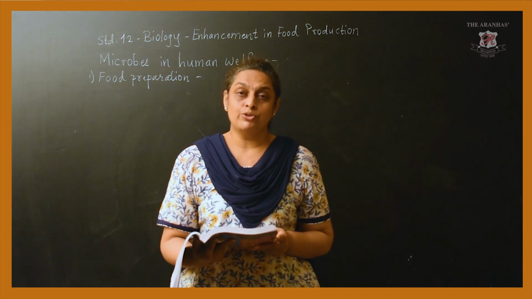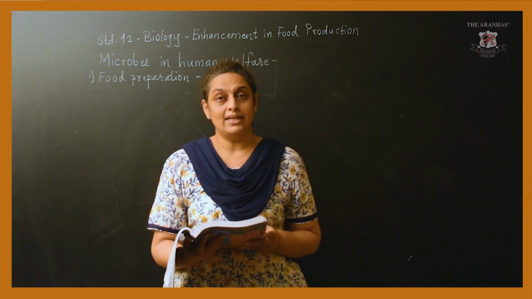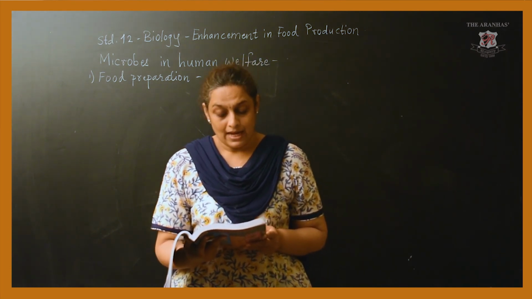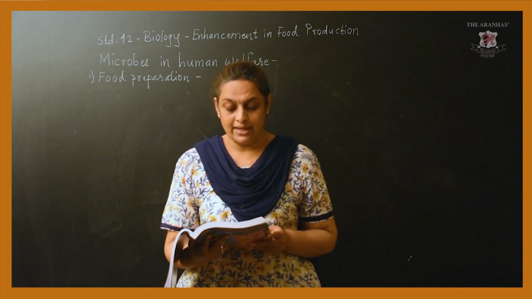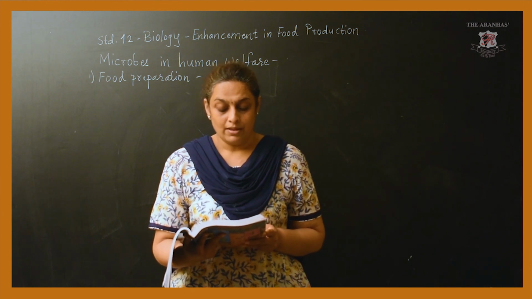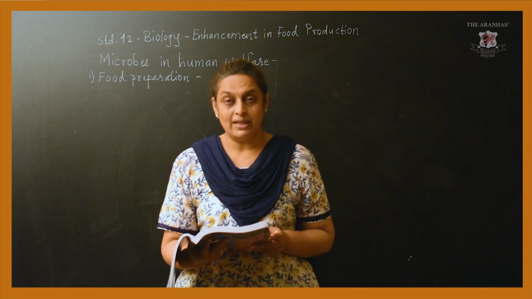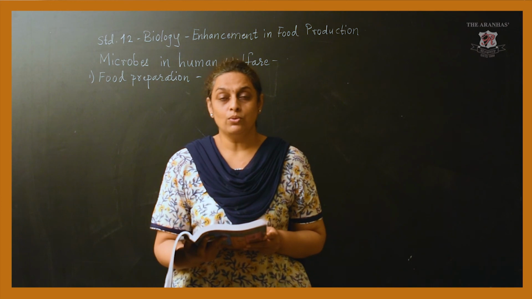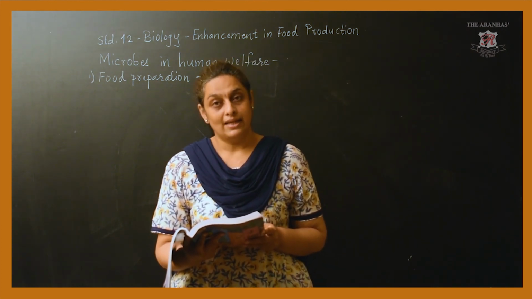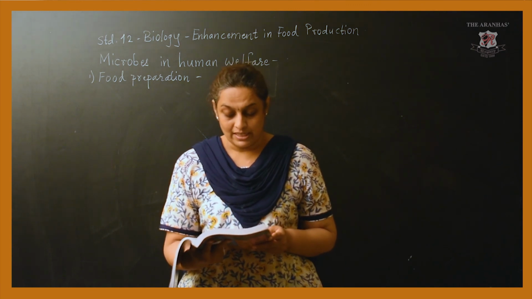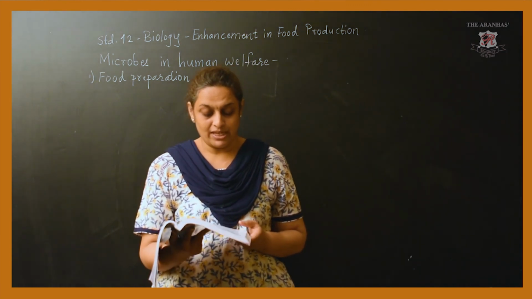From fruit juice, usually wine is made, and for preparation of whiskey, rum, etc., preference is normally given to oat, rye, barley, etc.